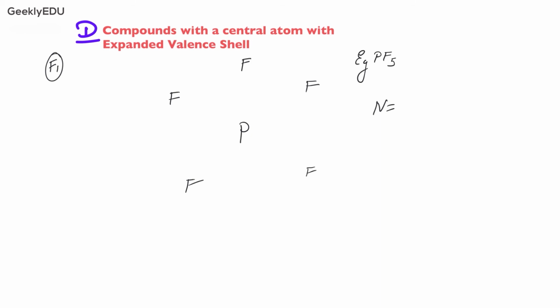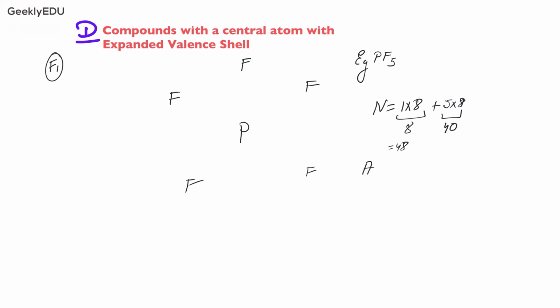N is the total required, right? So, in case of phosphorus, it should be 8. In case of fluorine, 5 times 8, right? So that comes out to be 40, right? So you need 48 electrons.